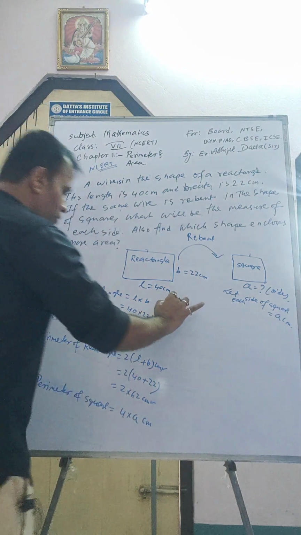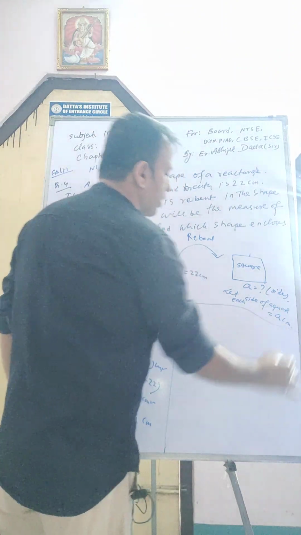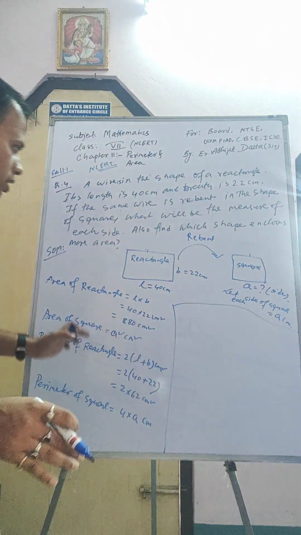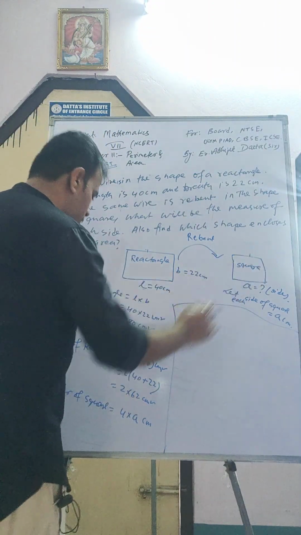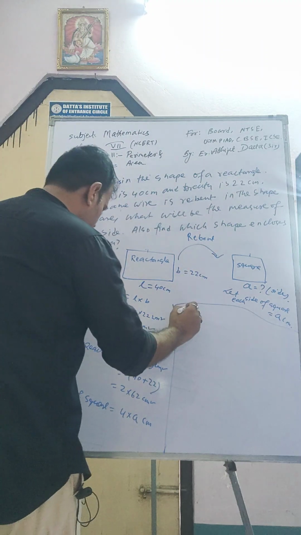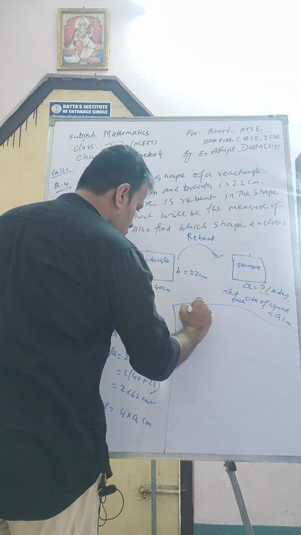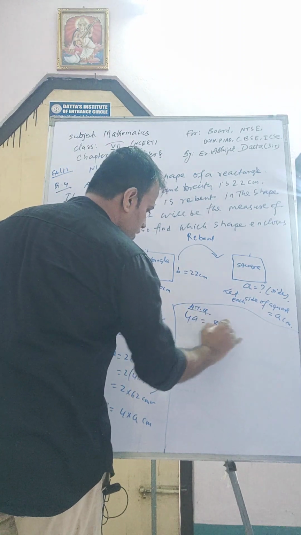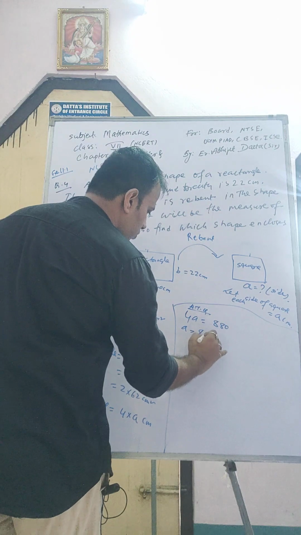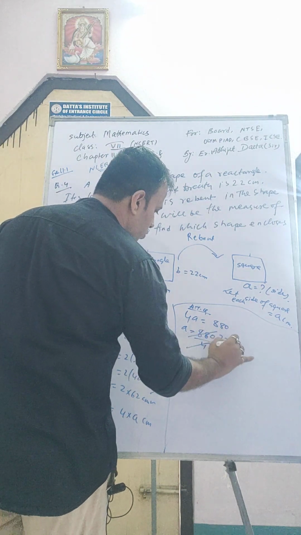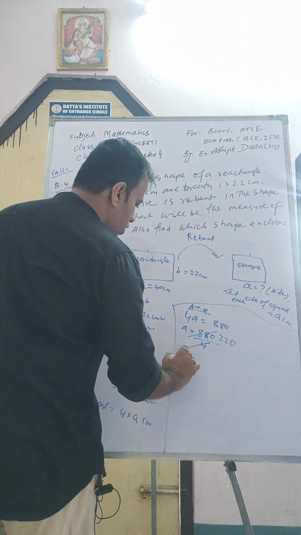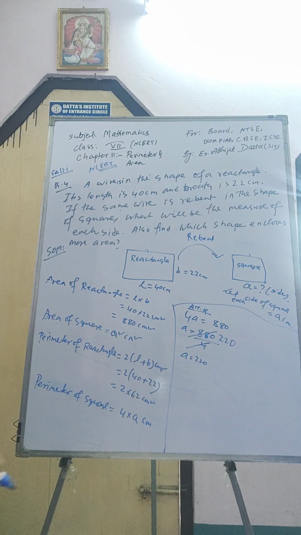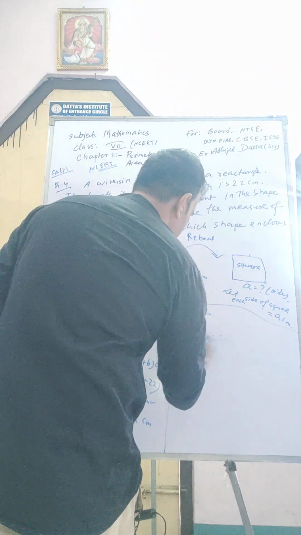Now, according to the question, since the same wire is bent first in the shape of a rectangle and second in the shape of a square, the perimeter of the two figures is the same.